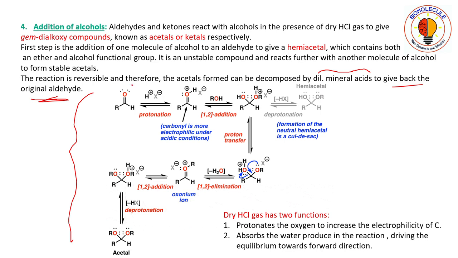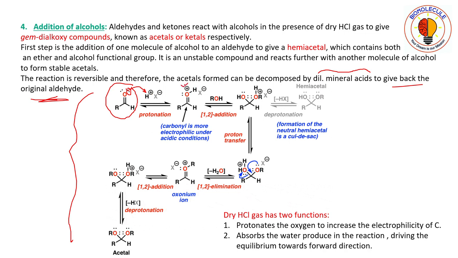Here you can see this one is the aldehyde. After protonation, this oxygen atom takes the proton. See here, I am drawing. This oxygen has a lone pair of electrons, meaning it has high electron density as compared to the proton, which does not have any electron. So it will share its lone pair of electrons with the proton, and it will get protonated.